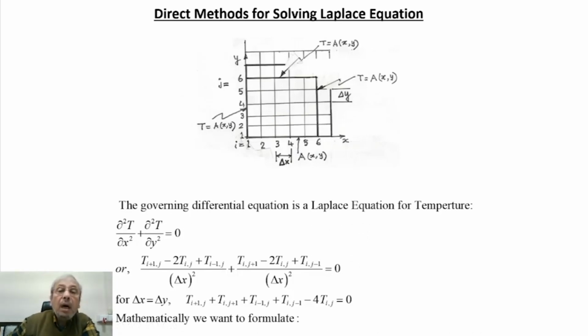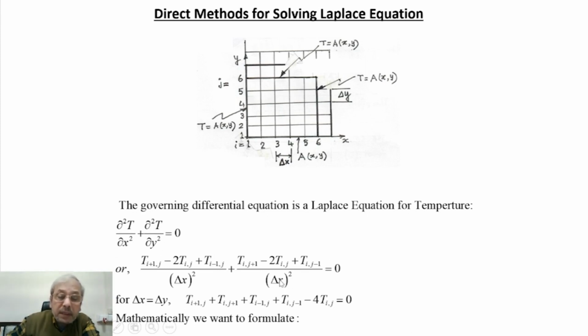The governing equation, obviously, is the Laplace equation: del 2T del x2 plus del 2T del y2 equal to 0. We discretize following central differencing: T(i+1,j) minus twice T(i,j) plus T(i-1,j) by delta x square, plus T(i,j+1) minus twice T(i,j) plus T(i,j-1) by delta y square.